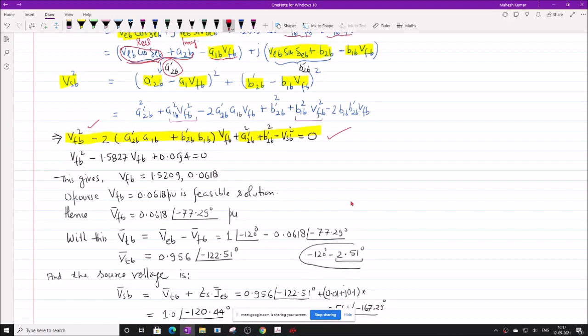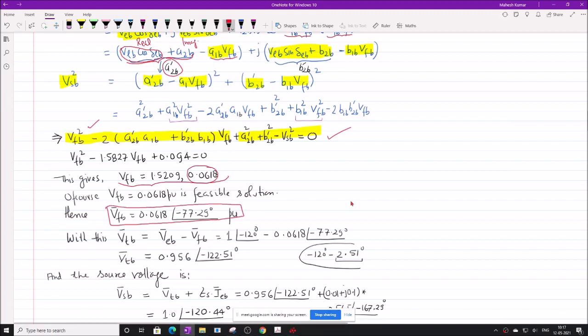Again we will get two values of VFB, 1.52 and 0.68. The least is the feasible solution, and therefore the value of VFB is 0.0618 angle of minus 77.29 degree.